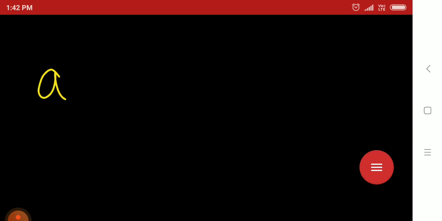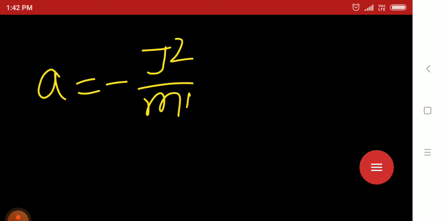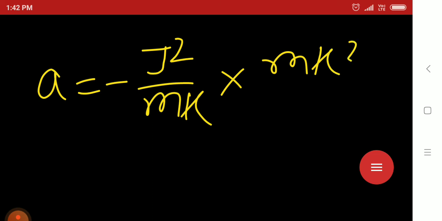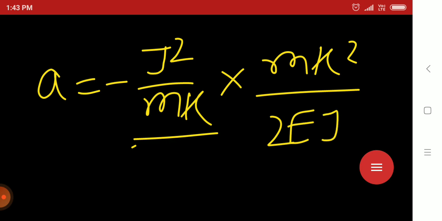So a equals minus of j square by m k, into m k square by 2E J square. The denominator goes to the upper position, and the numerator is inverted here.